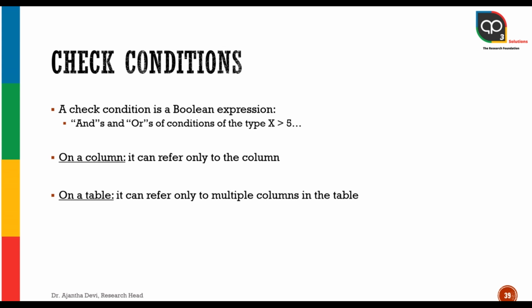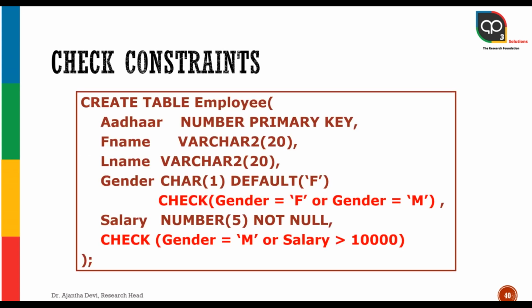So it acts like a built-in gatekeeper, preventing invalid or out-of-range data from entering your table. And dear friends, check constraints ensure that your business logic is enforced at the database level, not just at the application level.